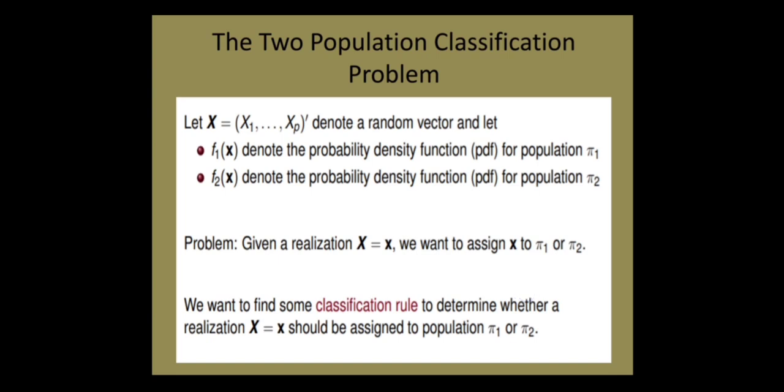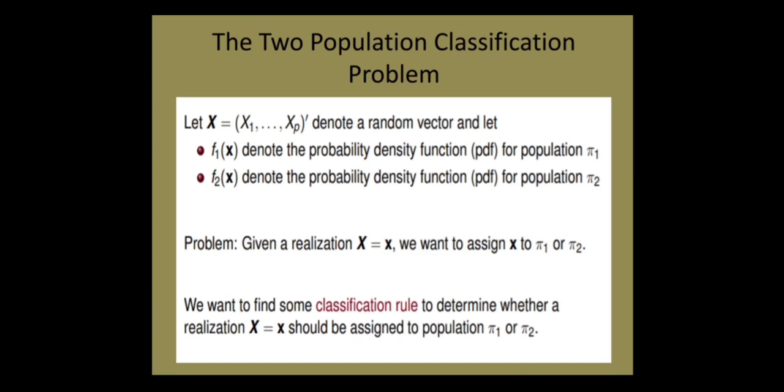So given a realization of X, we have several variables. We want to assign this X observation to which region, which population, pi 1 or pi 2.